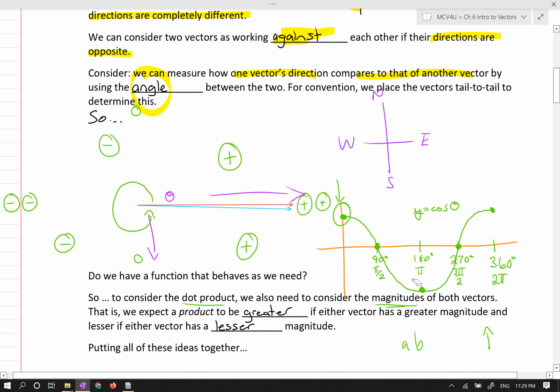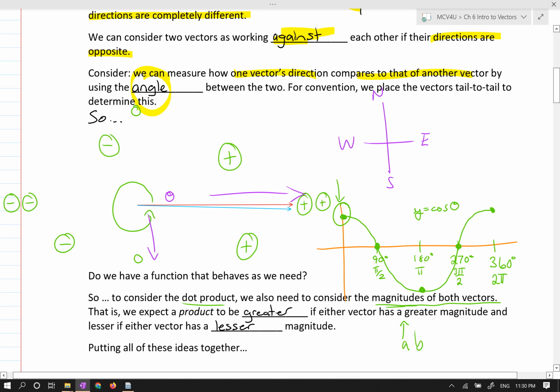Or rather, if we keep only one of these consistent, let's say B is 3 or 1 or 100, whichever, if A increases, then the product increases. If A decreases, the product decreases. And that's a little bit of the key that we're looking at here. So what we're concerned about, as well as our cosine function, which will help us find our dot product, is the magnitudes of both vectors.